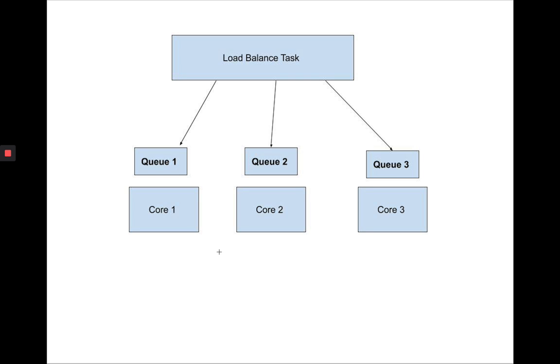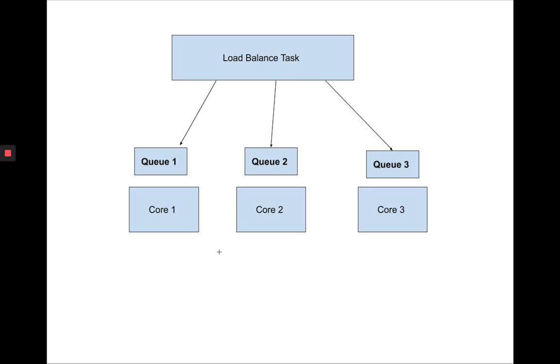Then it's the computer's responsibility to make the most of it. That means it needs to balance the tasks among the cores, so that each core gets enough work, or we can say it should be distributed evenly.